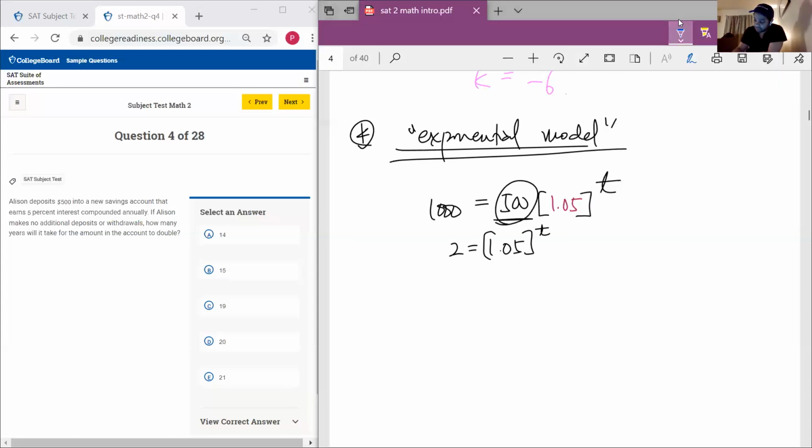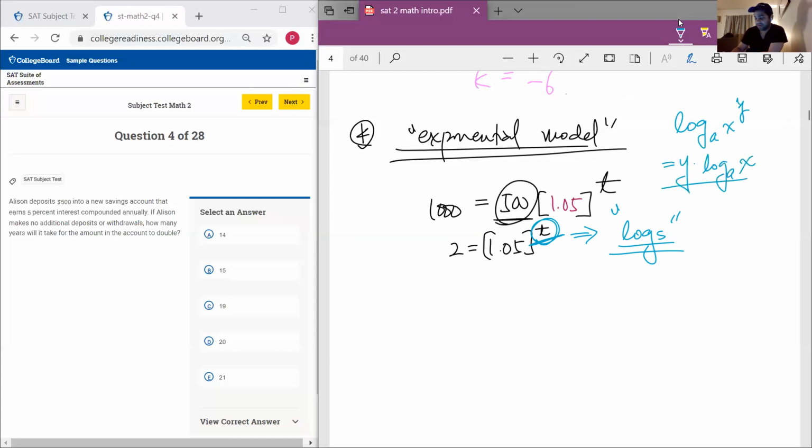Guys, anytime you have a variable as an exponent, it's a pretty decent policy, a reasonable thing in most cases, to assume that logs are involved, okay? Logs and natural logs were the same thing, right? So the reason logs are really powerful in dealing with variable exponents is because by one of the properties of logs, log base a of x to the y is equal to y times log base a of x.